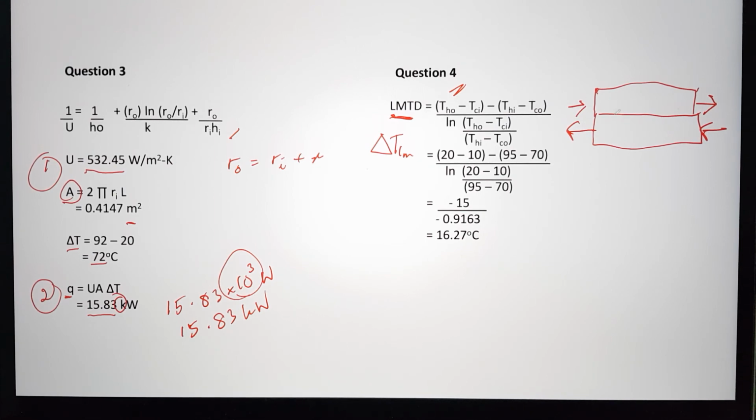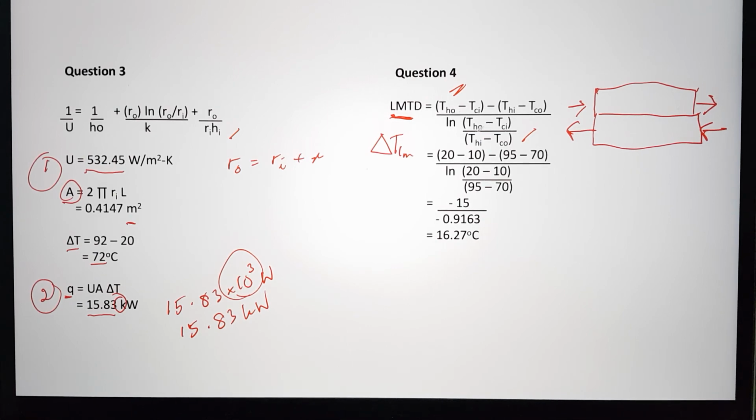You need to identify which one is THI, which one is TH0, which temperature is for the cold water going in, and which temperature is for the cold water going out. Then from there, you are able to use this particular equation. LMTD equals (TH0 minus TCI) minus (THI minus TC0), because this one involves counter-current flow.